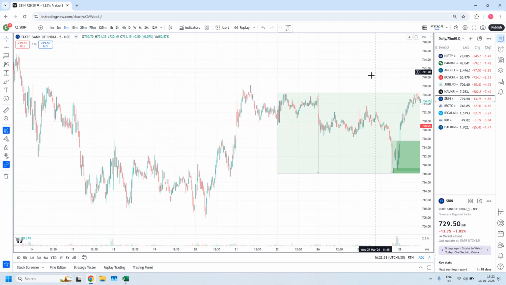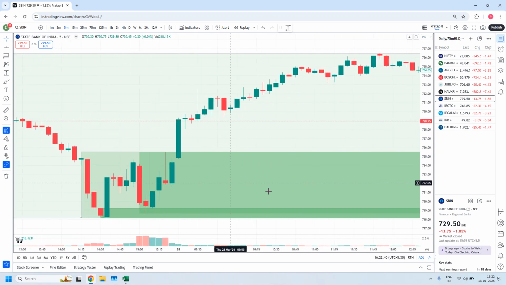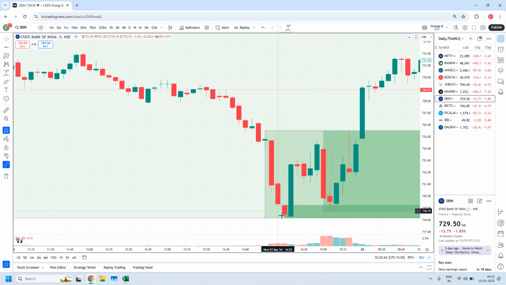This is a high liquidity zone, and this 5-minute zone, drop base rally, is the origin for this 15-minute fine-tuned zone. Not only that, in this 15-minute fine-tuned zone, again a drop base rally is created. Maybe this is also an LTF zone, a lower time frame 5-minute zone within the 15-minute fine-tuned zone, and it is also acting as a high liquidity zone because it has the characteristic of creating new order flows within the zone again.